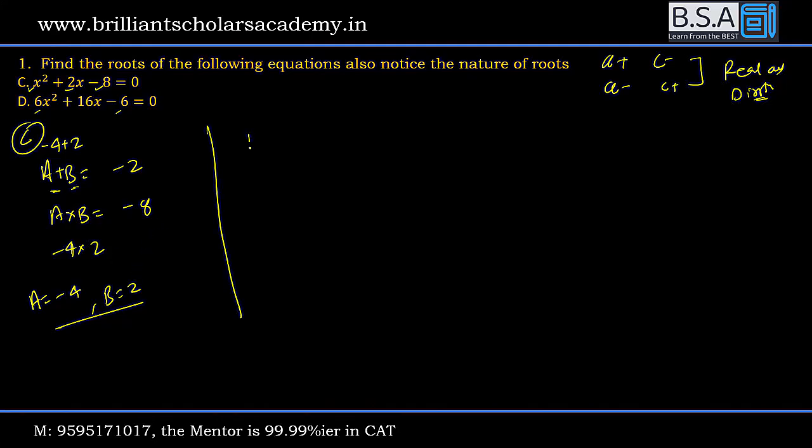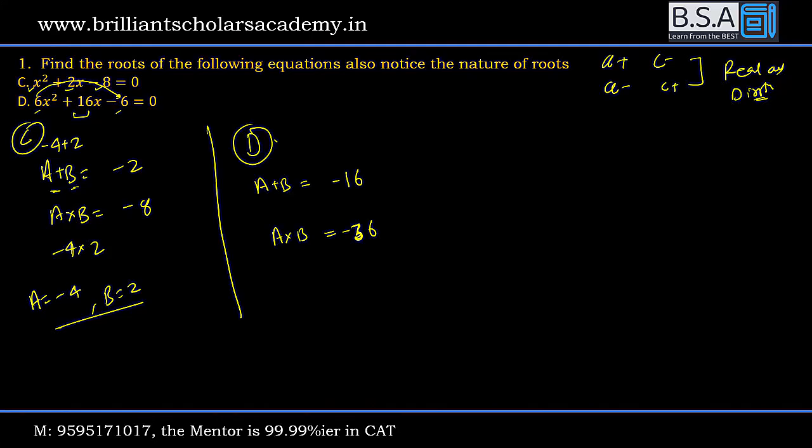D. Just now I told you, addition of roots, change the sign of middle. Middle term is minus 16. Multiplication of roots, multiply first and last: 6 into 6, minus 36. Now what numbers can you think of that add to minus 16 and multiply to minus 36?